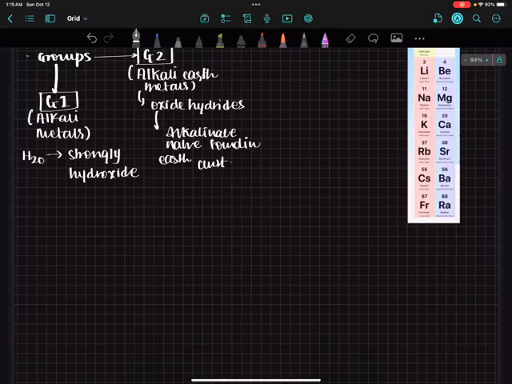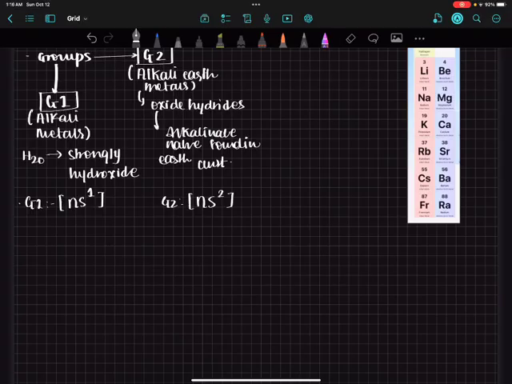The next thing is the valence electron configuration. In G1 it is ns1, and in G2 it is ns2.